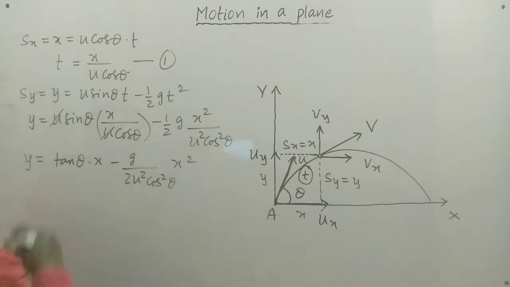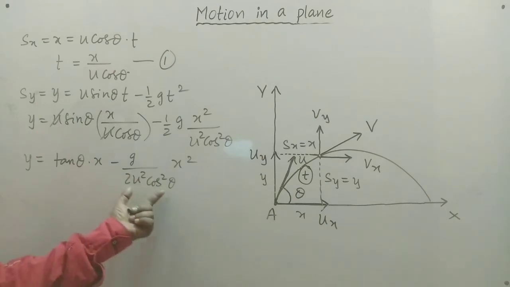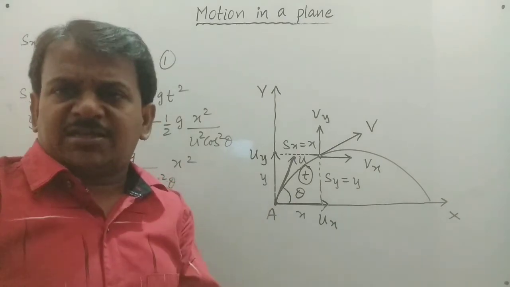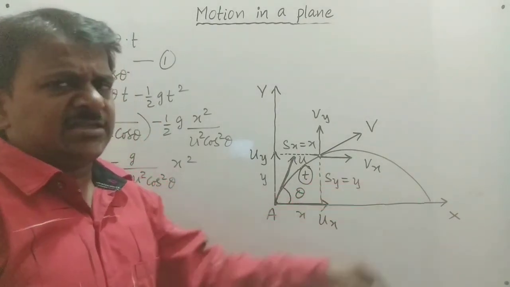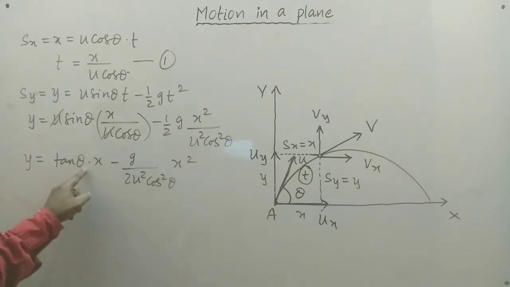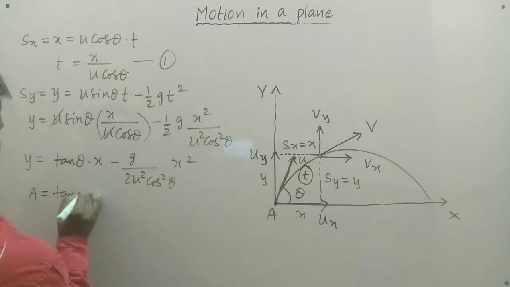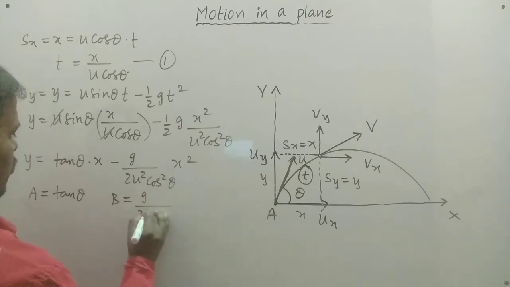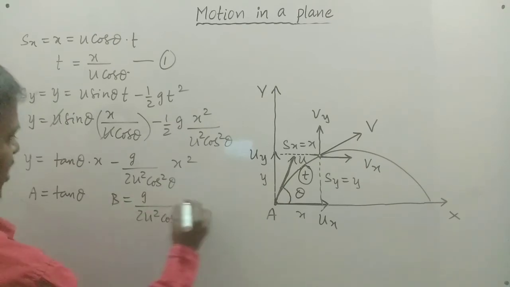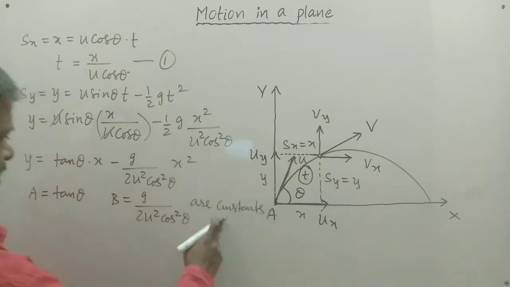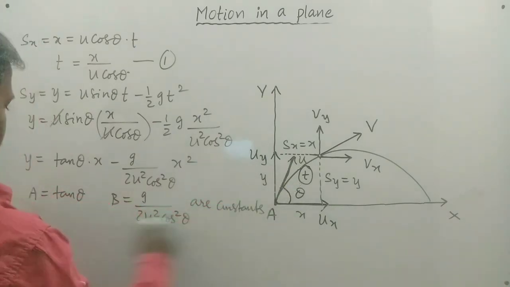So this is nothing but y is equal to ax minus bx square. What is a? Tan theta. What is b? G by 2u square cos square theta. For particular initial velocity, for any projectile during its journey, u and theta are constants. That's why a, which is tan theta, and b, which is g by 2u square cos square theta, are constants for any projectile during its journey.